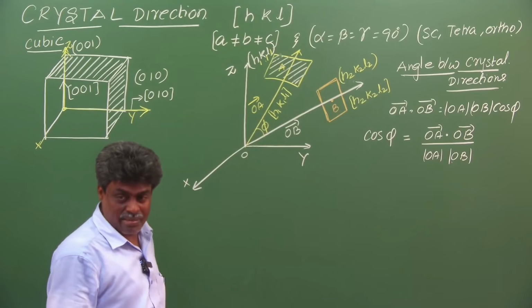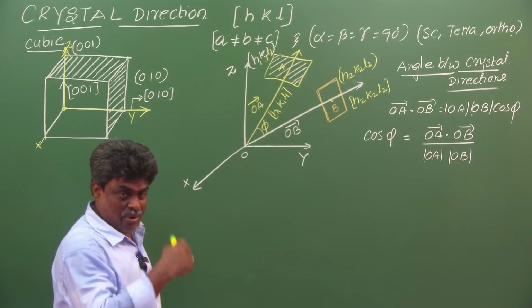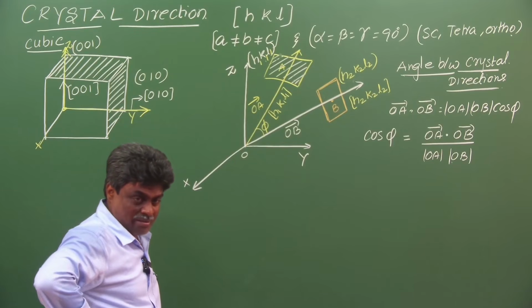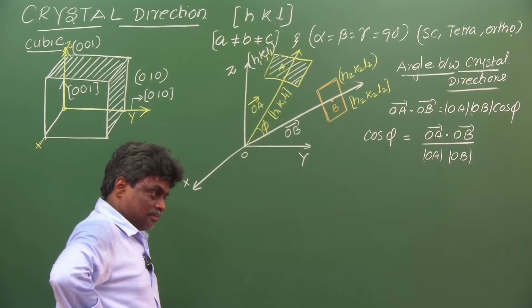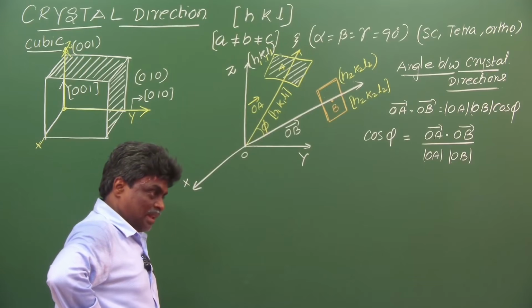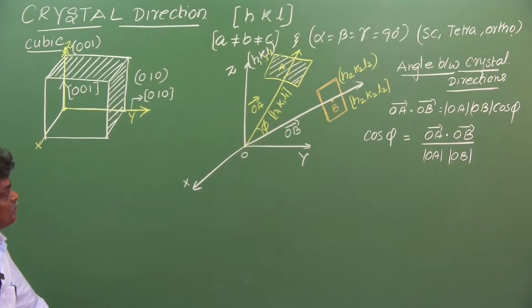We want to write the vector OA bar. How will you write the vector OA bar? A x cap? A by H1?